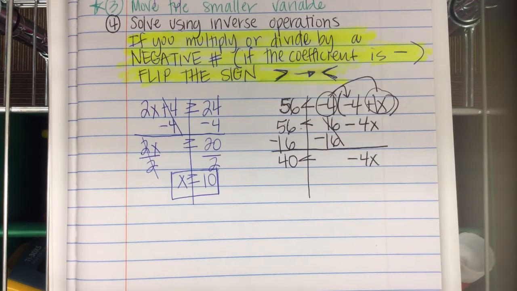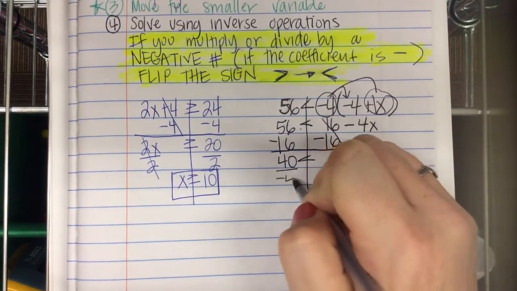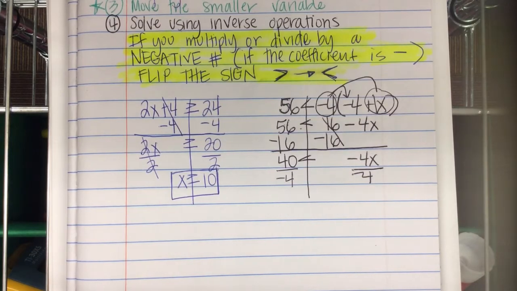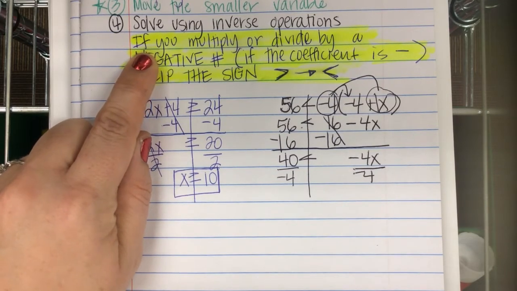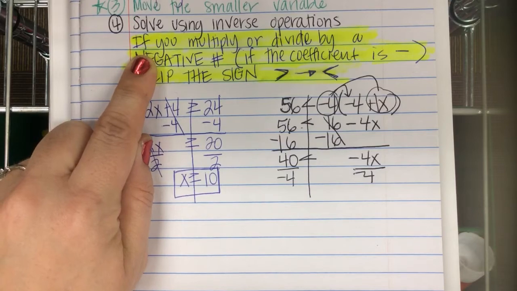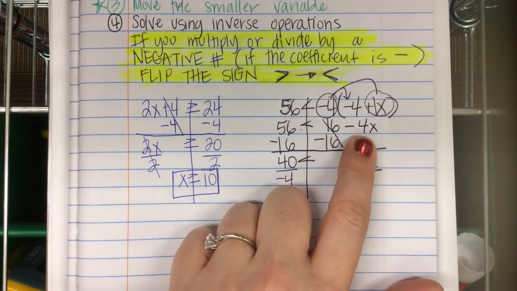No. What's still with the x? -4. So I'm going to divide by -4, divide by -4, and I think to myself, stop, Mrs. Long. If you multiply or divide by a negative number, if the coefficient is negative, my coefficient's -4, I flip the sign.